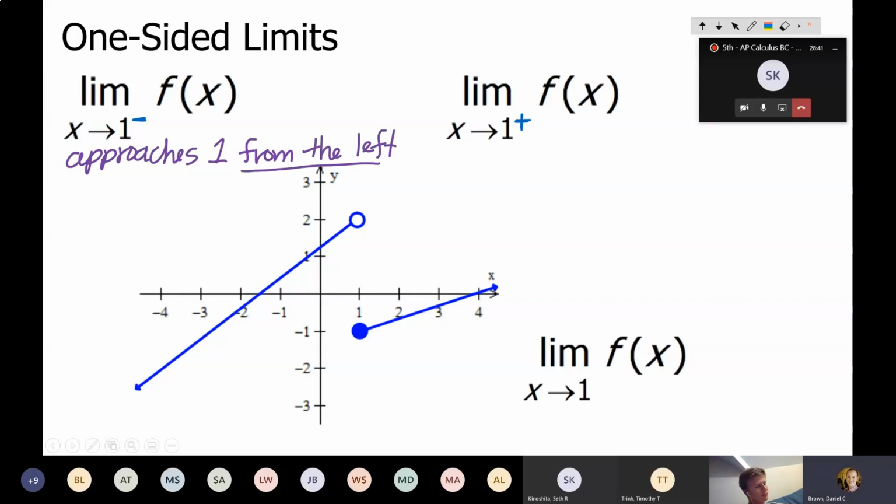If we think about a number line, the negatives are on the left-hand side of the number line, so a little minus there is going to be coming in from the left-hand side. What y value is the graph approaching? Likewise, when we see the plus sign, that is going to tell you that you're coming into 1 from the right-hand side. Whenever you don't see a plus or a minus, you will always have to consider it from both sides.